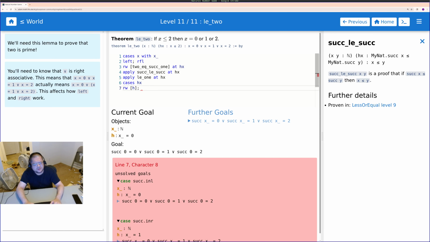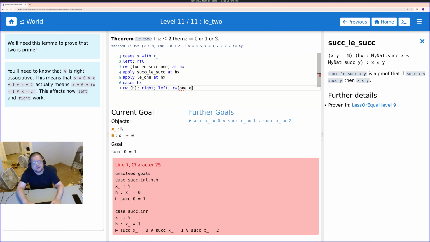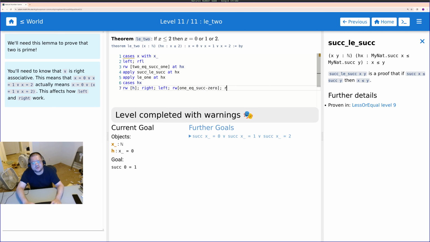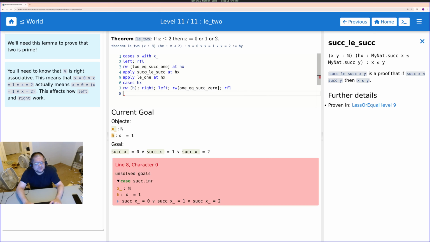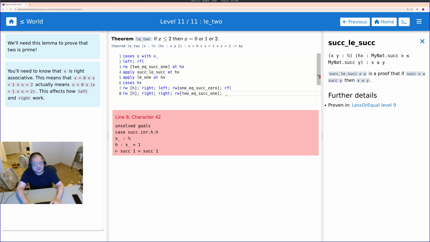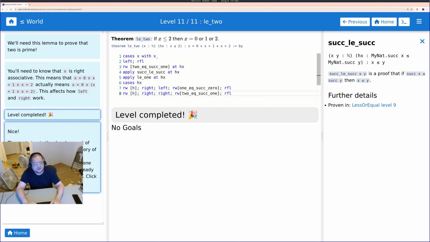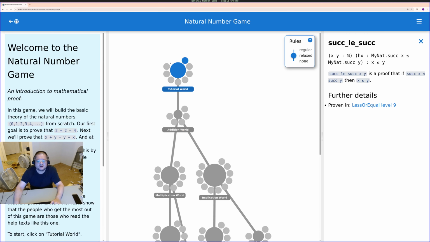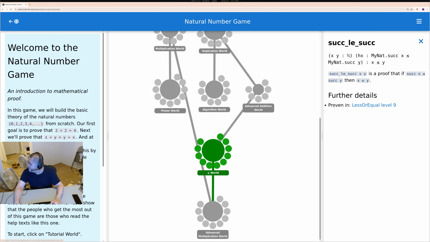Okay, we're going to go right, left, and then rewrite 1 equals successor 0. This one here we'll rewrite as well, and then we'll go right, right, and we'll rewrite 2 equals successor 1. That completes inequality world.